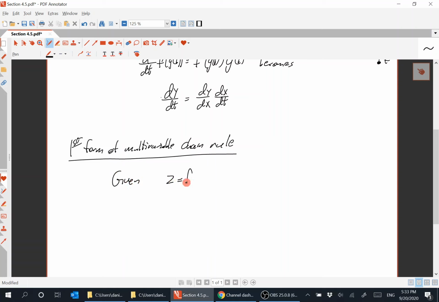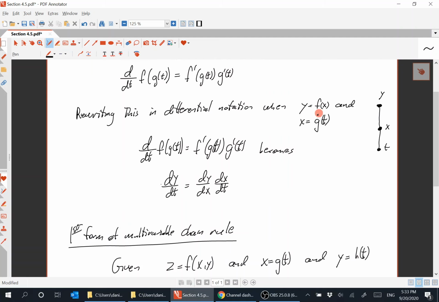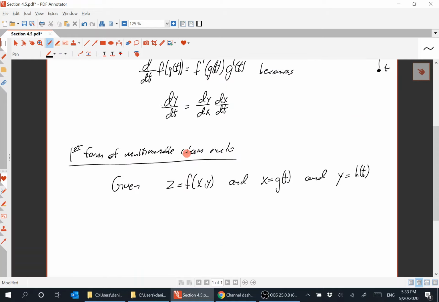Given z as a function of two variables, f of x, y, and x is equal to a function of t, and y is equal to a function of t as well. So given z as a function of x and y, but x is a function of t and y is a function of t, just like the situation up here.